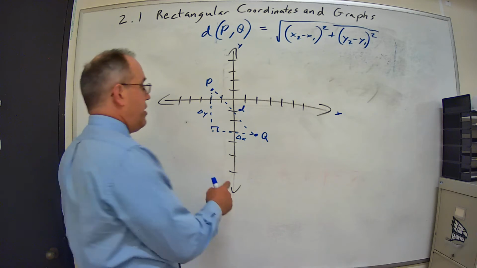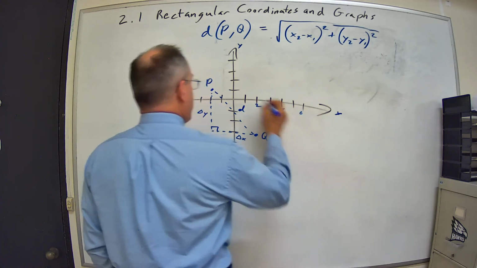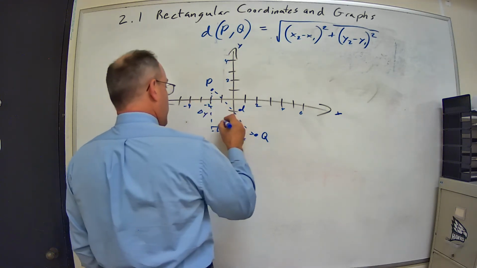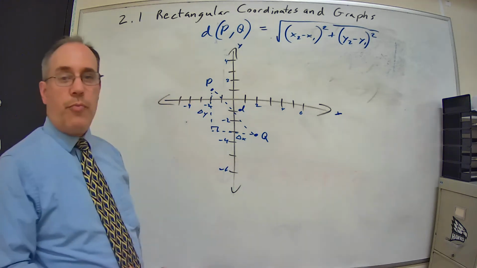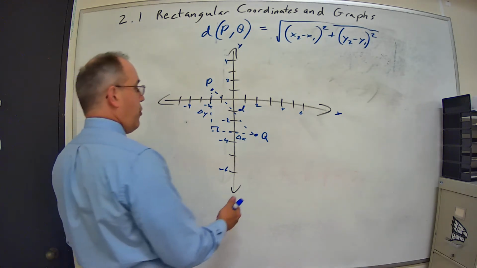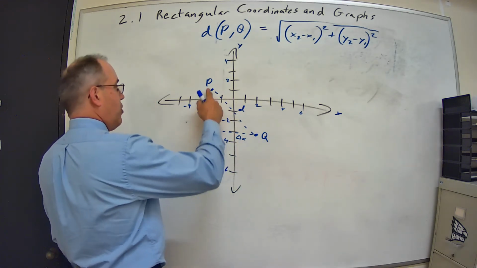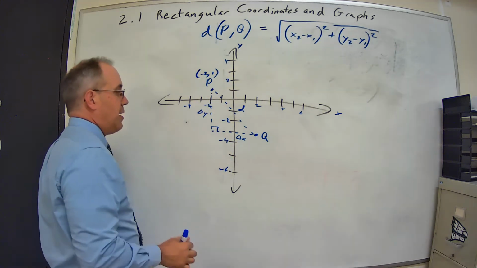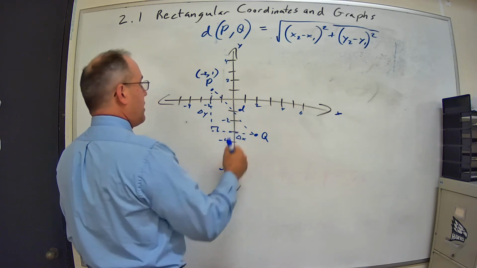So looking here, if I have these numbered as 2, 4, 6, 2, 4, negative 2, negative 4, negative 2, negative 4, negative 6, if I have it numbered like that, then we can see that the point P is negative 2, 1, and that the point Q is 2, negative 3.